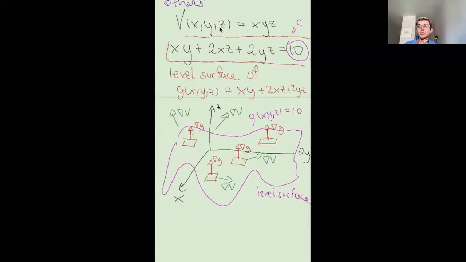But it could be the case, right? What I'm trying to denote here is that the gradient of V is completely unrelated to the gradient of G, right? But maybe you are lucky and it just so happens that the gradient of V is parallel to the gradient of G at some point, right?